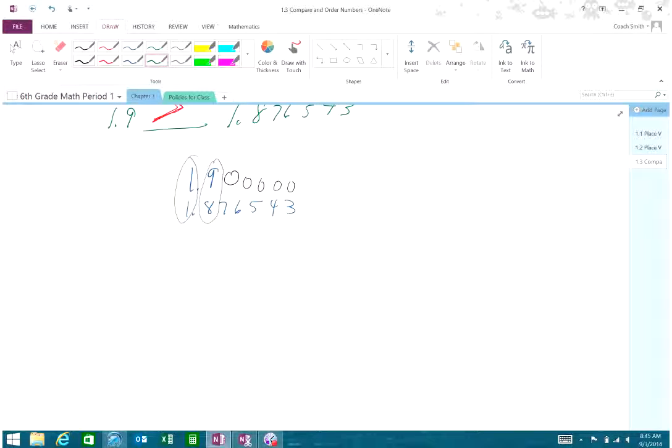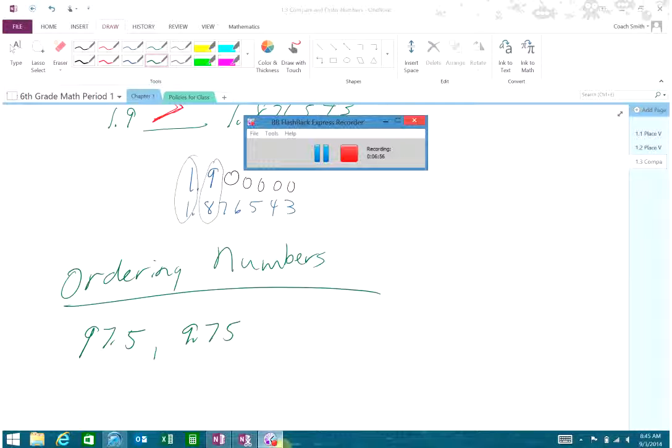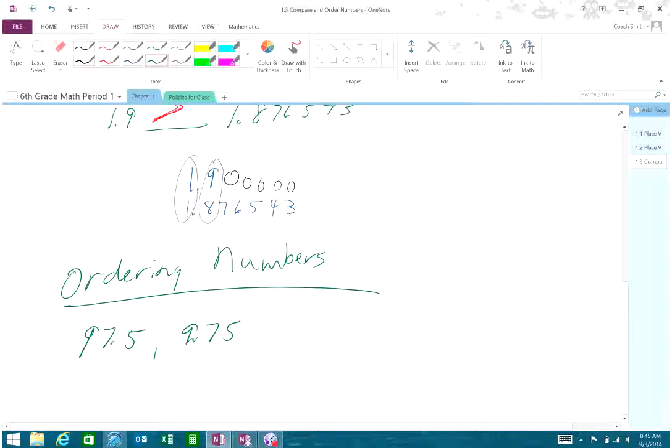All right. Now, let's look at ordering numbers. Okay, so that was comparing numbers. Let's look at ordering numbers. Let's say I have these numbers here: 97.5, 9.75, 9.075, and 90.7.